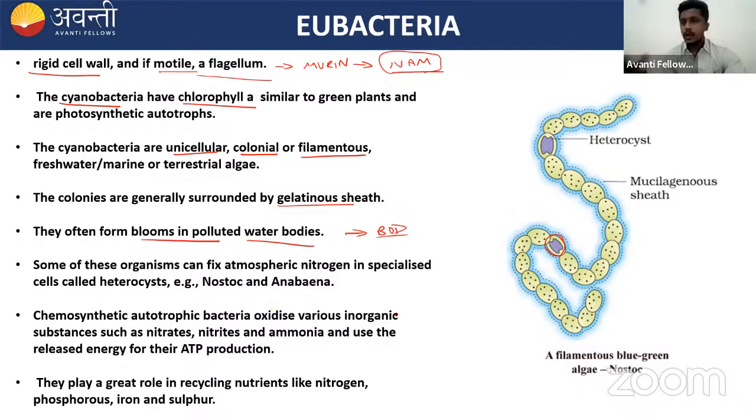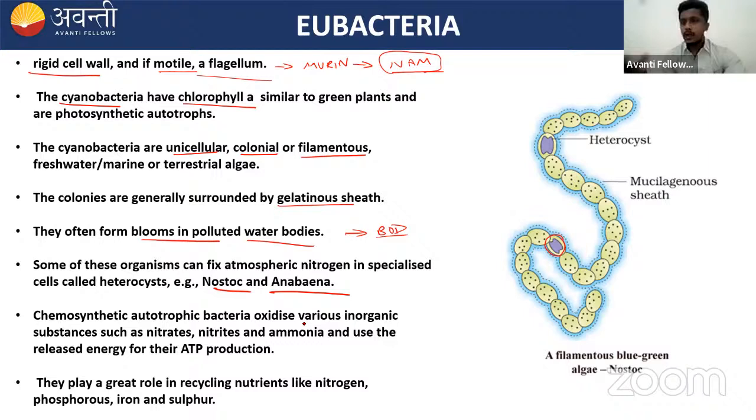They have special enzymes that can convert atmospheric nitrogen into nitrites, nitrates, and ammonia, which are very useful forms of nitrogen. Examples are Nostoc and Anabaena.